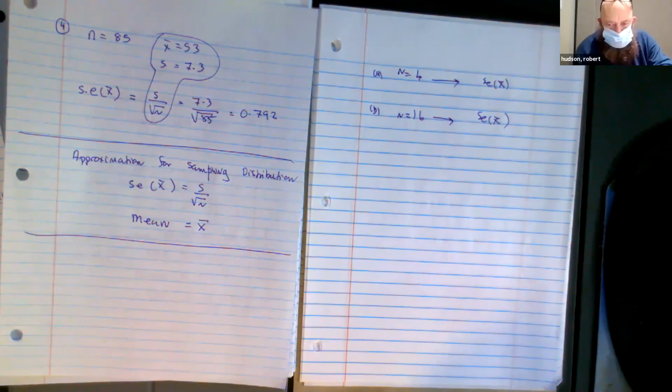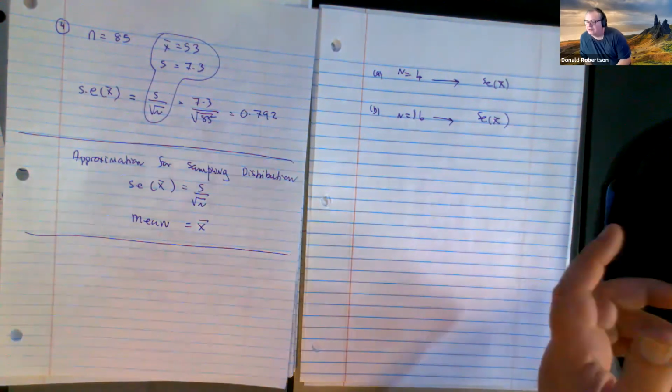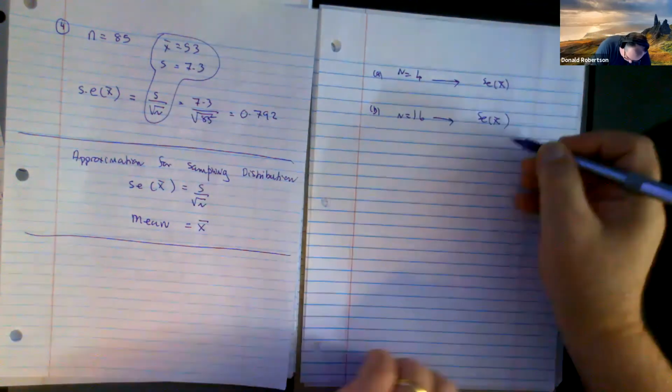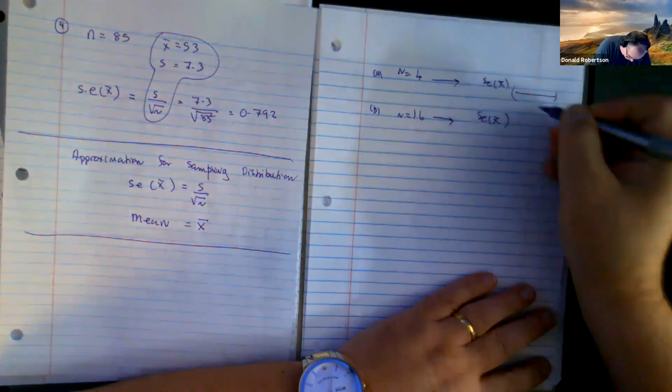Agreed, because isn't dividing by the square root of 4 going to give a bigger answer than dividing by the square root of 16? So small samples, big standard deviation. They call it standard error, but it's also the standard deviation. Big samples, small.